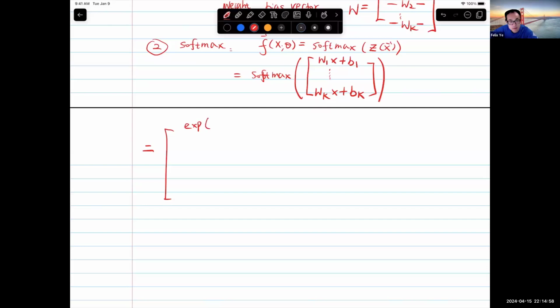So this is exponential of W1 x plus b1 divided by the summation of j from 1 to k of exponential of Wj x plus bj.